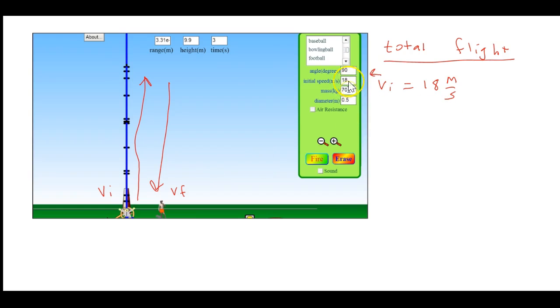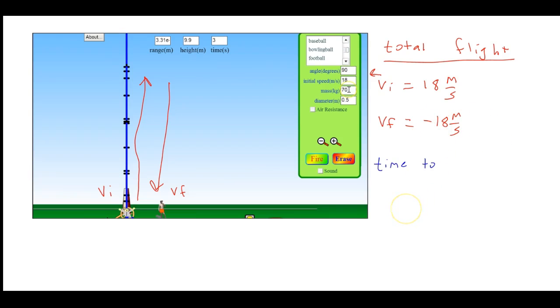So in this case, our initial speed was 18 meters per second. So our final velocity is negative 18 meters per second. Our initial velocity we called positive, so it went up. Our final velocity right here, when it returned to its initial position, is negative, because we called negative down.